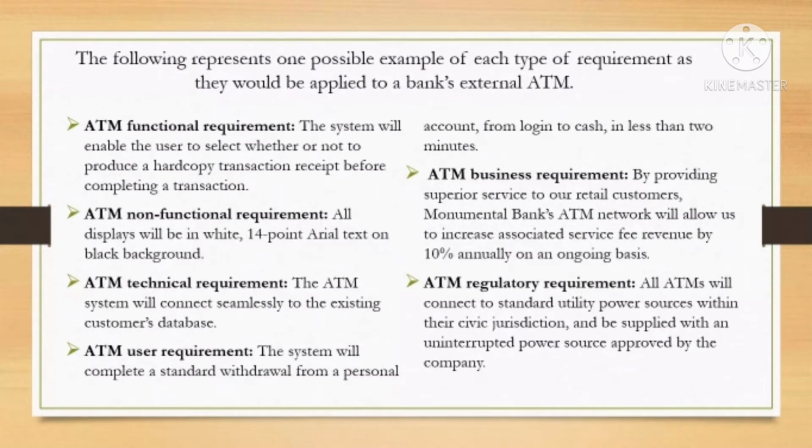The following represents one possible example of each type of requirement as they would be applied to a bank's external ATM. ATM functional requirement. The system will enable the user to select whether or not to produce a hard copy transaction receipt before completing a transaction. ATM non-functional requirement.